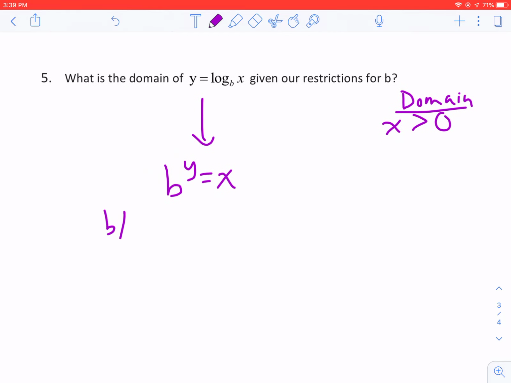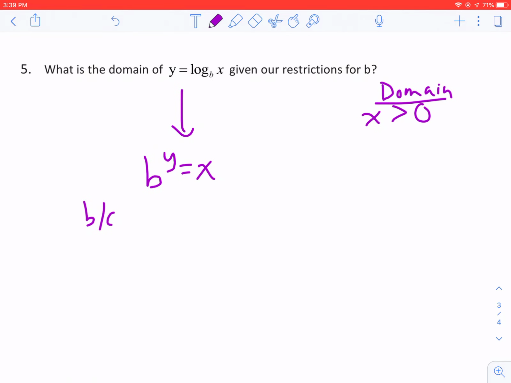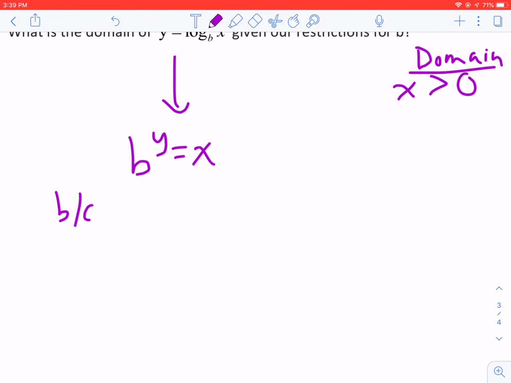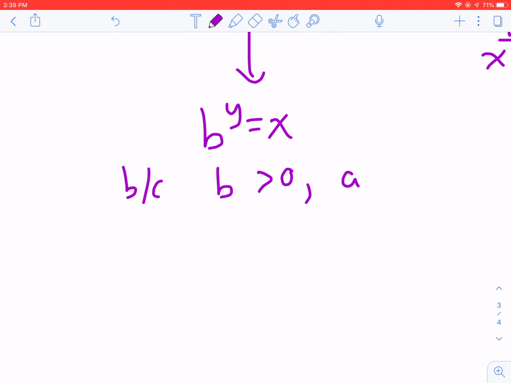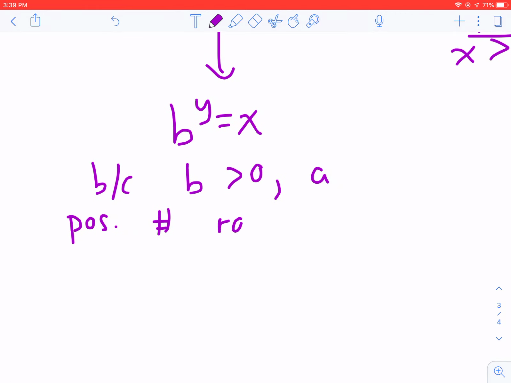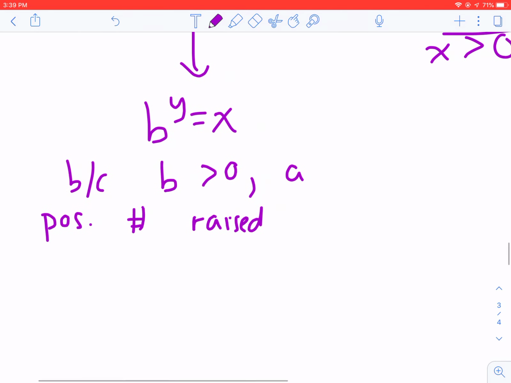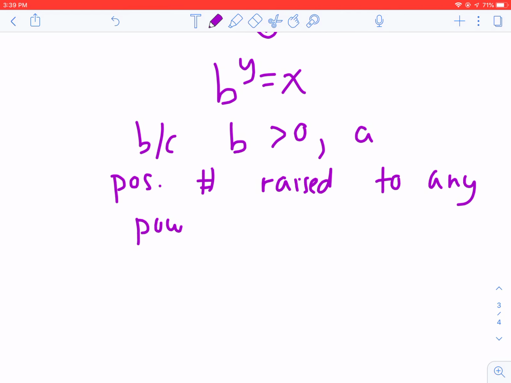And because b is greater than 0, a positive number raised to any power is positive.